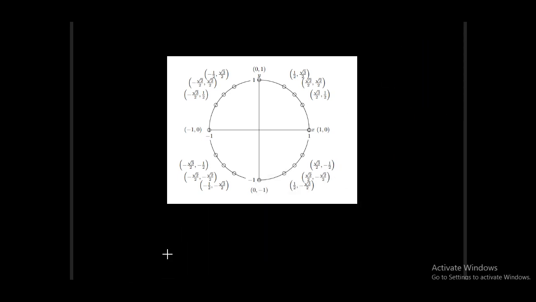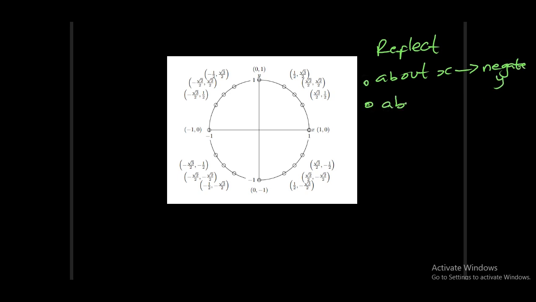Finally, I wanted to talk about reflection. If you reflect coordinates about x, you're going to negate the y. And if you reflect about y, you're going to negate the x. Here's what I mean by that. In the first example, if we had coordinates 1, 2, and we reflected these about the x, we negate the y.